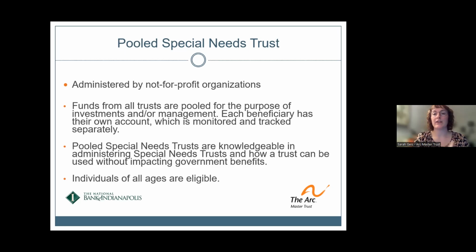So each beneficiary has their own unique trust sub account where their funds and their investments are able to be tracked and monitored separately and uniquely.